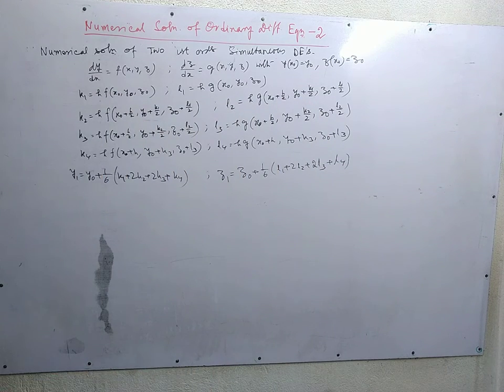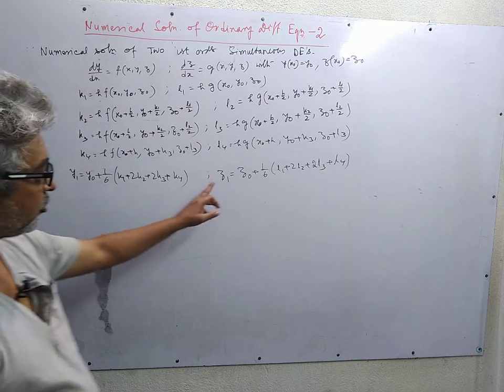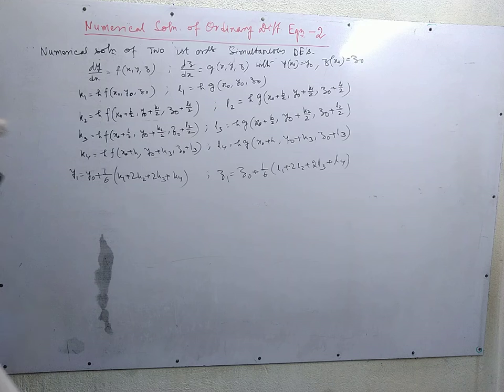So knowing the values of the function of x, y, z at the starting point 0, we can land up to the corresponding values of y and z at x1.